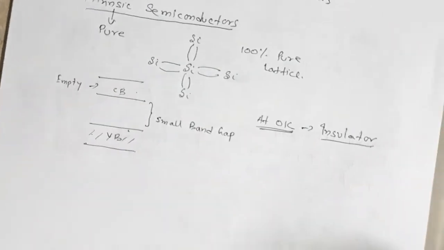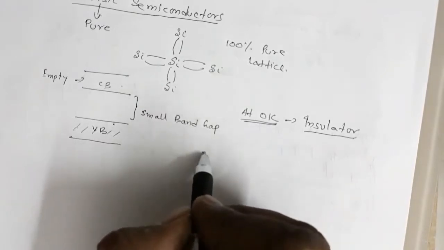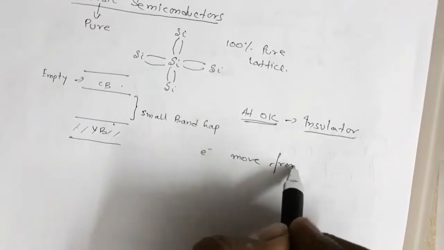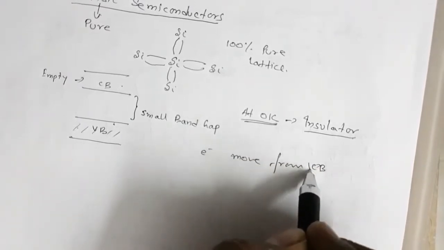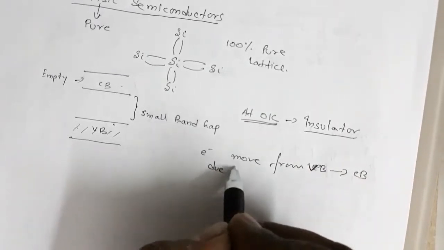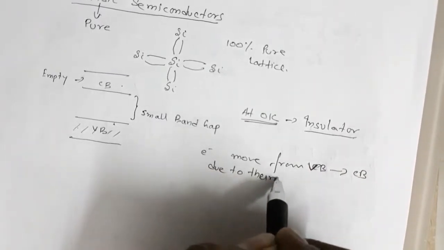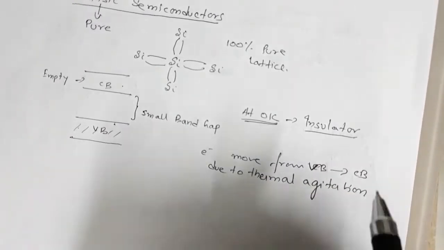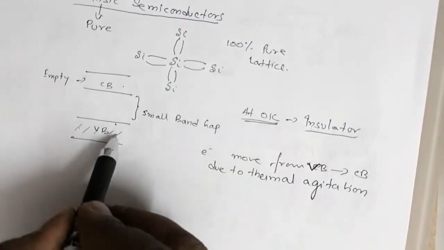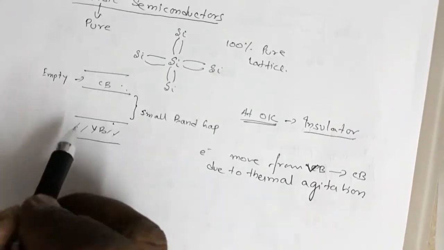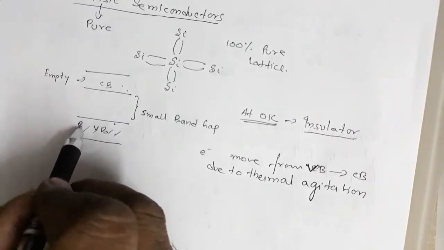So the electrons move from the valence band to the conduction band due to thermal agitation, that is, due to increase in temperature.